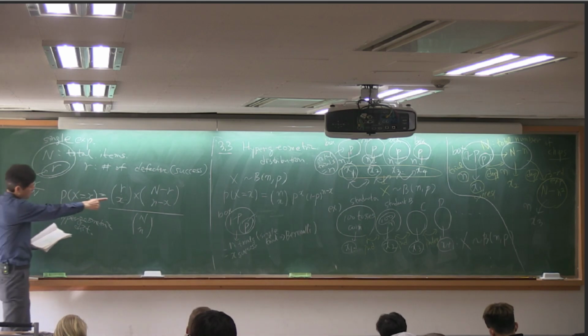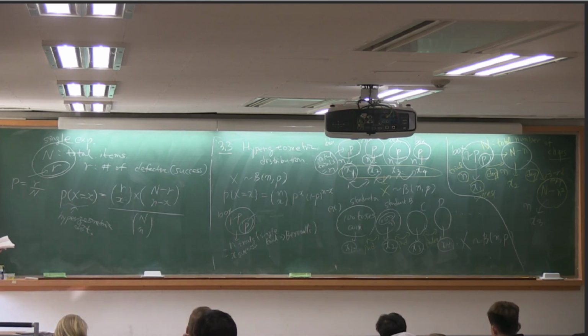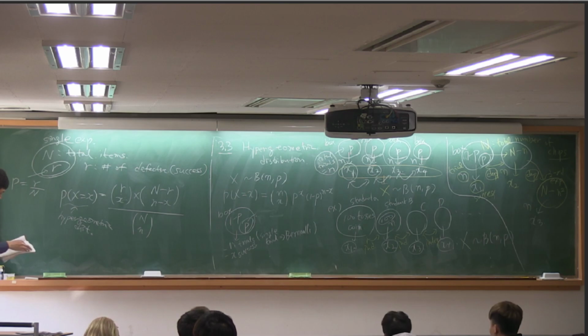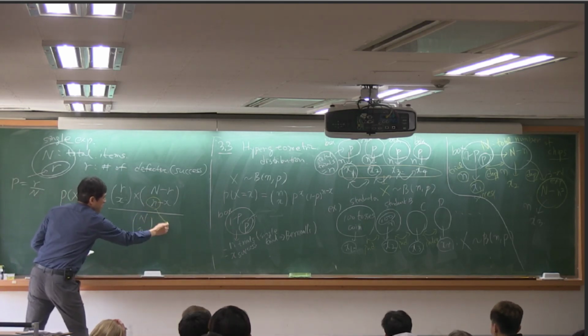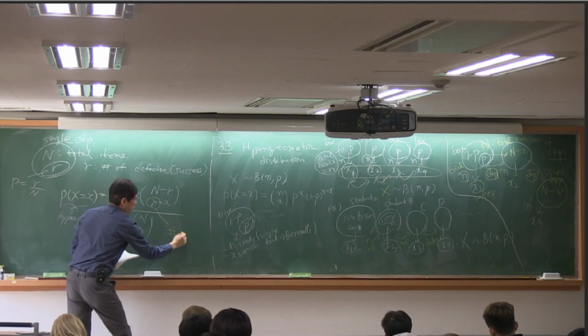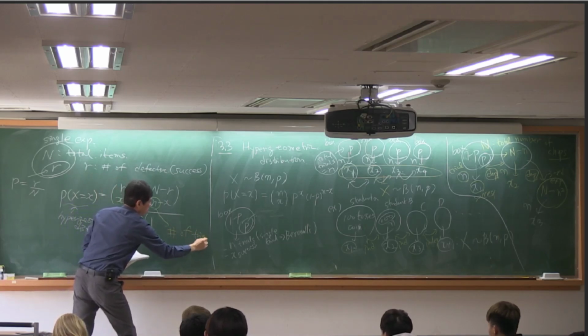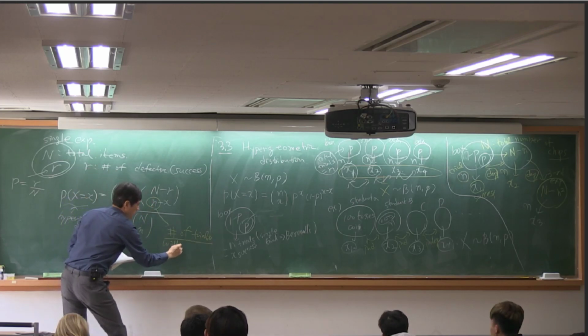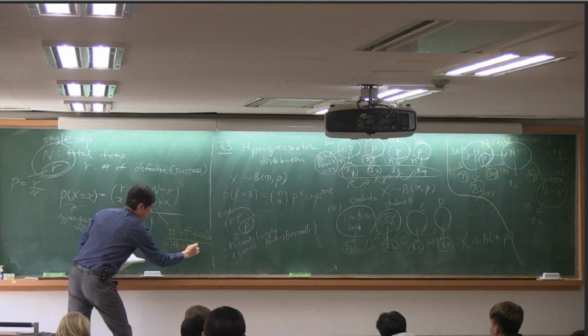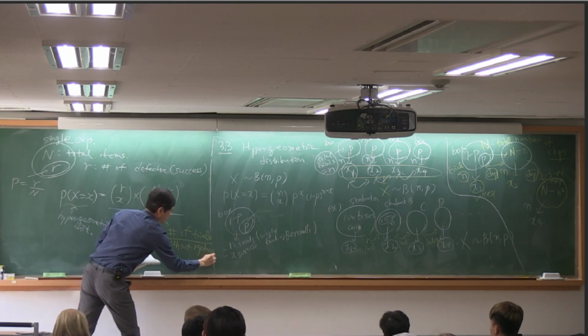The formula is very complex. What is this n? This is the number of trials, taken without replacement.